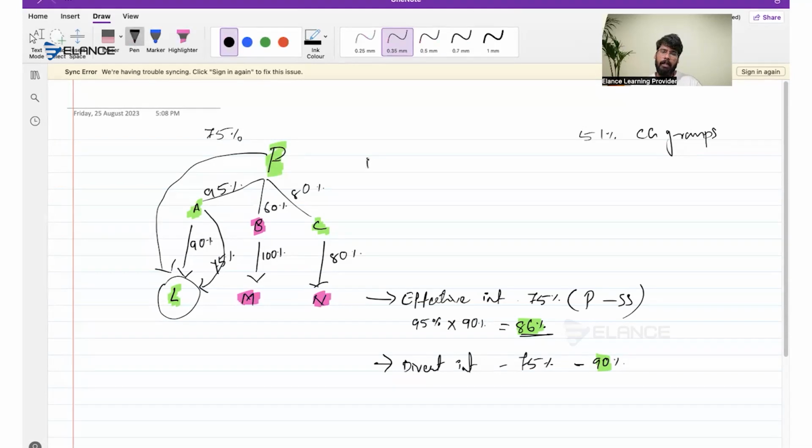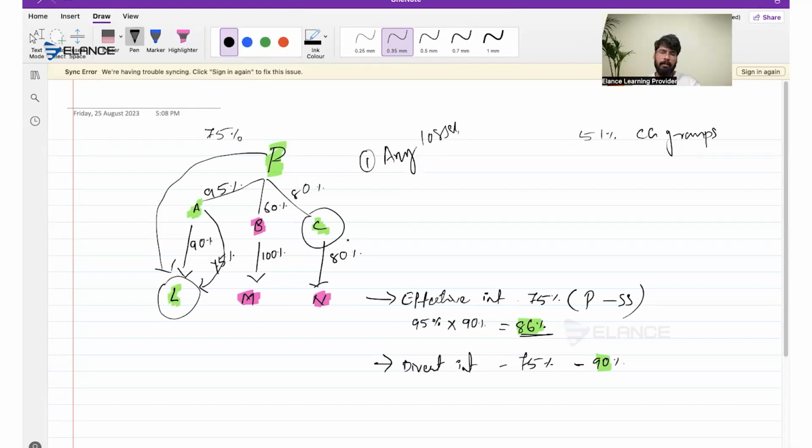The first advantage: they can transfer any losses between the companies. For example, if C company has a trading loss, C company has two alternatives. Either they can set off the trading loss within their own company, otherwise they can transfer the loss to another company.